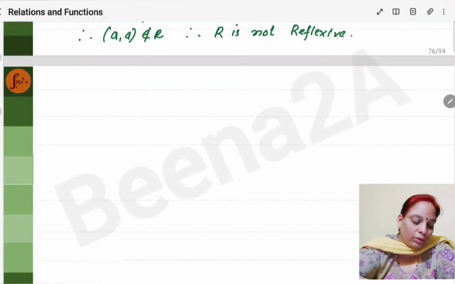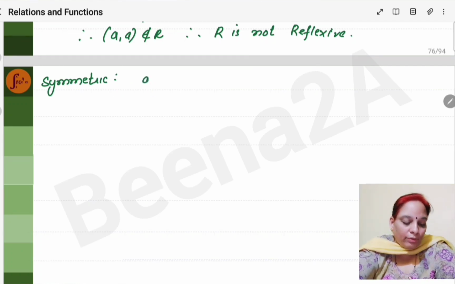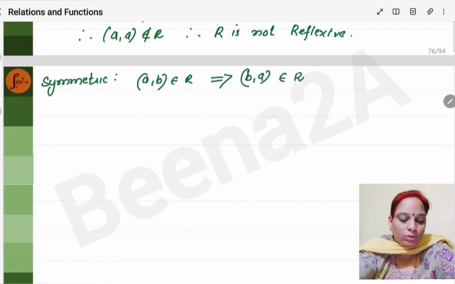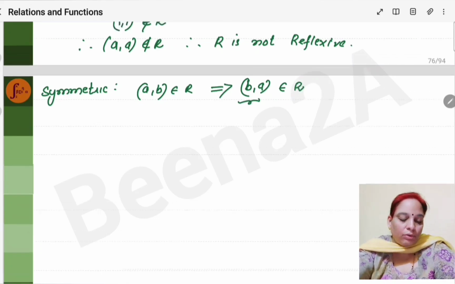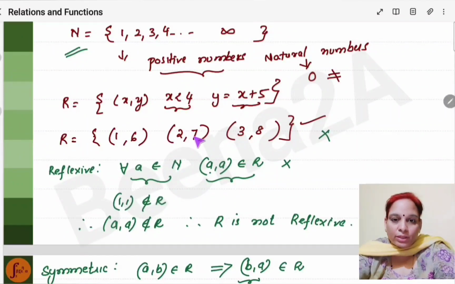Now we'll figure out symmetric. What is the condition for symmetric? If (a, b) belongs to R, this should imply that (b, a) also belongs to R. That is, the reverse combination should be there in R. Now let's check. We have (1, 6), we don't have (6, 1). We have (2, 7), we don't have (7, 2).